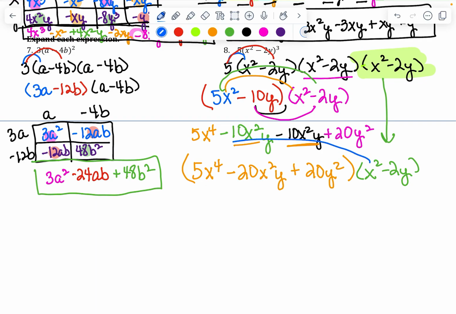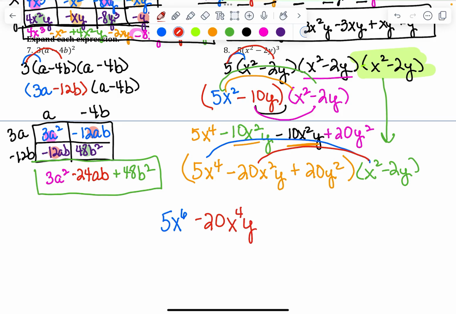So I'm going to do here first and get 5x to the sixth minus 20x to the fourth y plus 20x squared y squared.